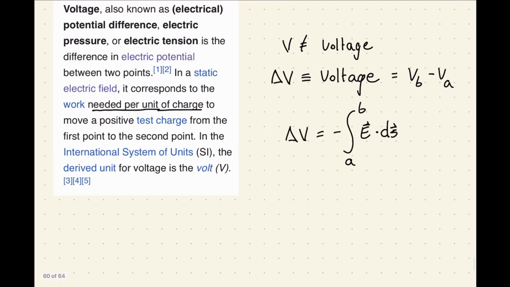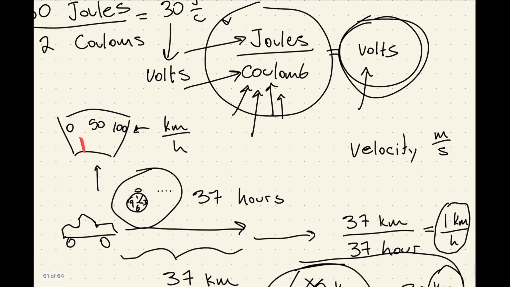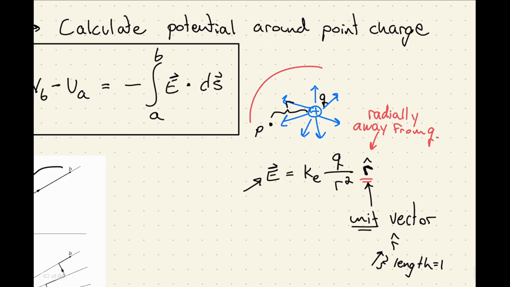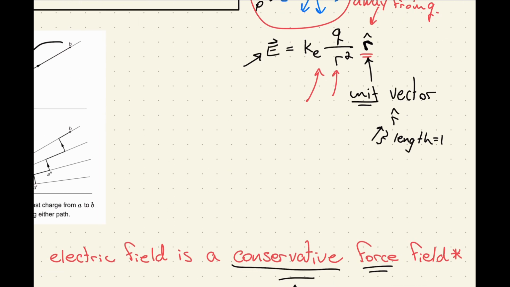So remember the point charge? The point charge which was down here? The electric field of the point charge looks like this. It is inversely proportional to the distance squared. So if we want to take a limit as R goes to infinity, this is another kind of quantity you see in calculus. This goes to 0. Why?